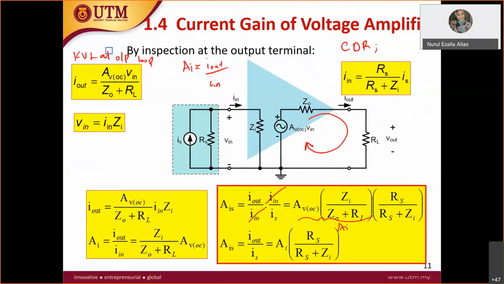Maybe you have forgotten, but we will be using the same circuit here. So you have the AVOC V in, Z out, and RL. Let's take a look here at the current gain.